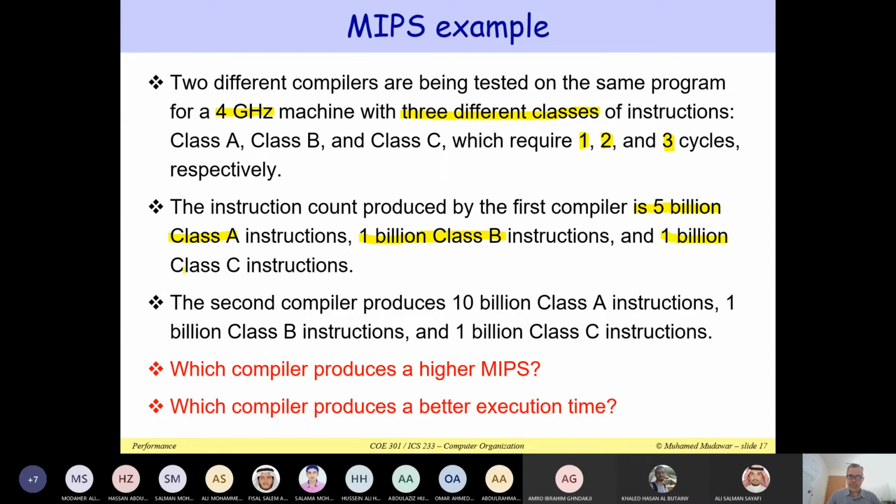You repeat, you use the second compiler, and you translate exactly the same program, which is written in a high-level programming language like C or C++.